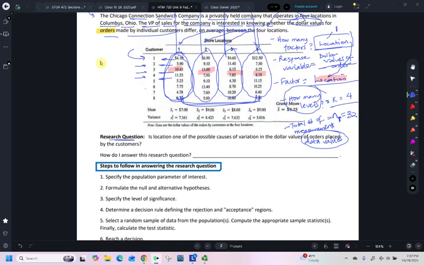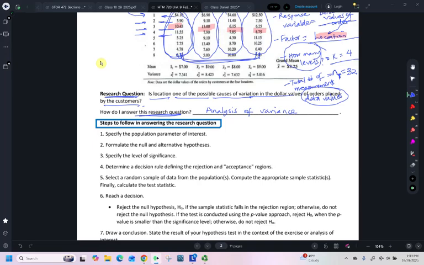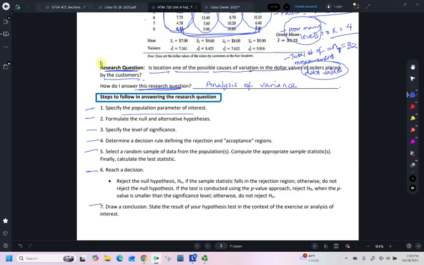And our research question, of course, as we stated earlier, is location one of the possible factors or causes of variation in the total values of orders placed by the customers? To answer this research question, an inferential technique to use is analysis of variance. And we usually follow a number of steps, which I have outlined here on the screen. The first one being specifying the population parameter of interest. The second is formulating the null and alternative hypothesis and the level of significance.